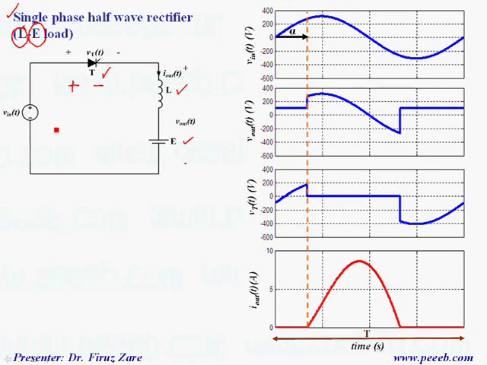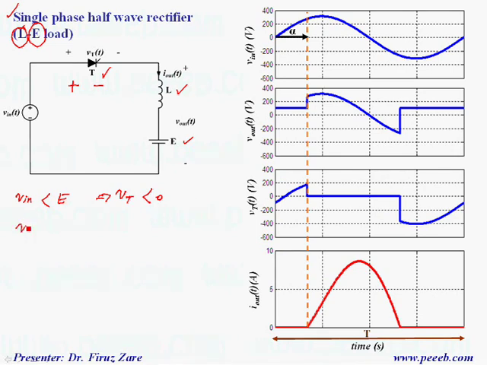Because when the input voltage is lower than the battery, then the voltage across the thyristor is negative. So that's why we cannot apply a gate signal.